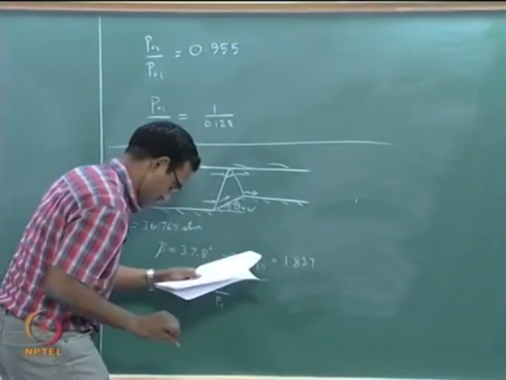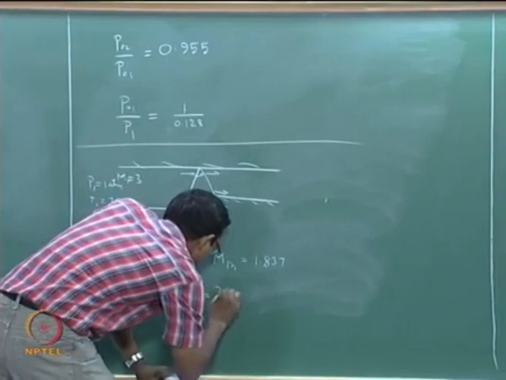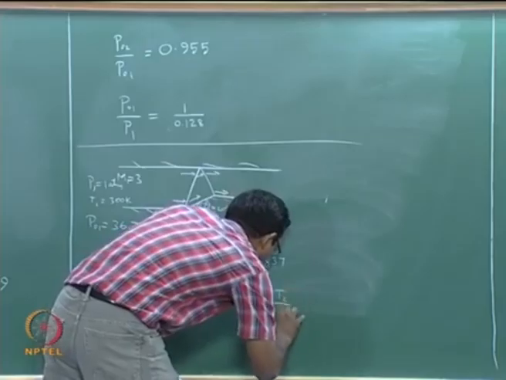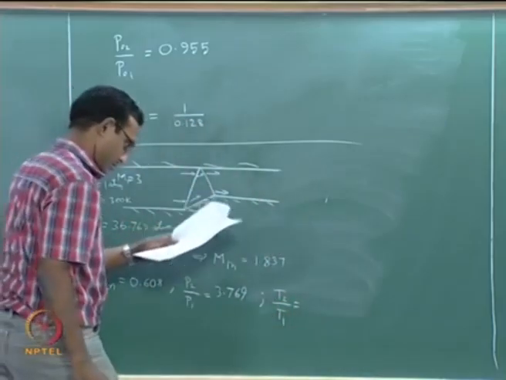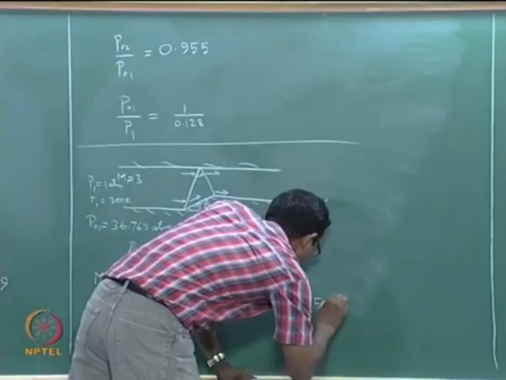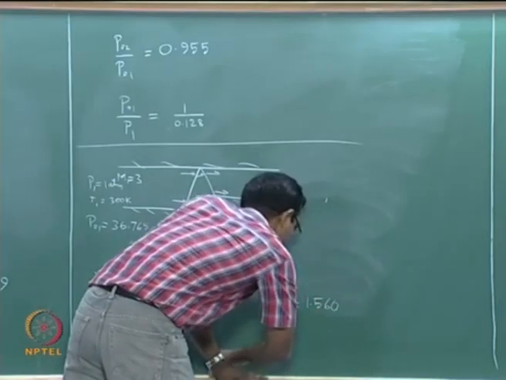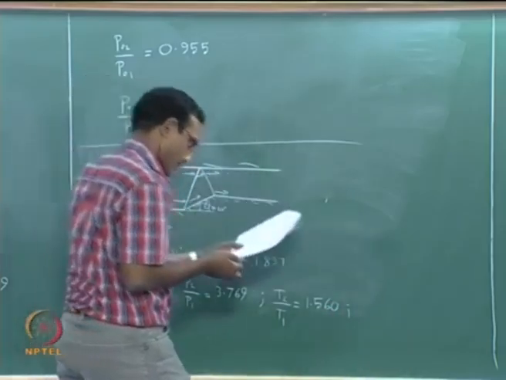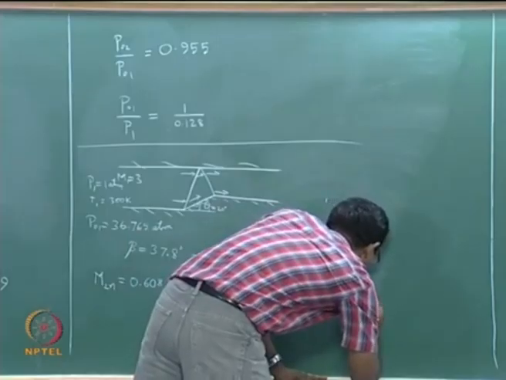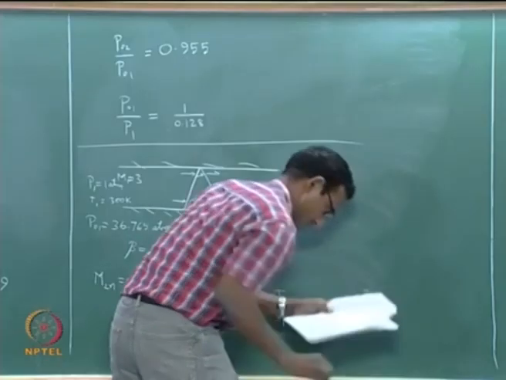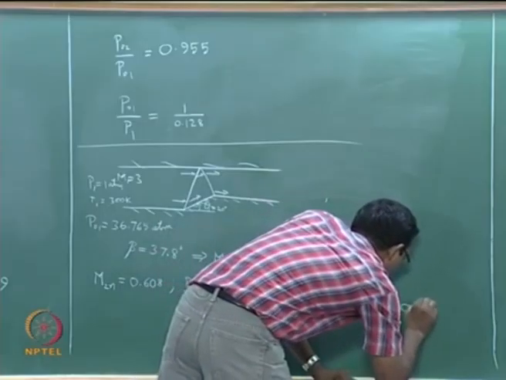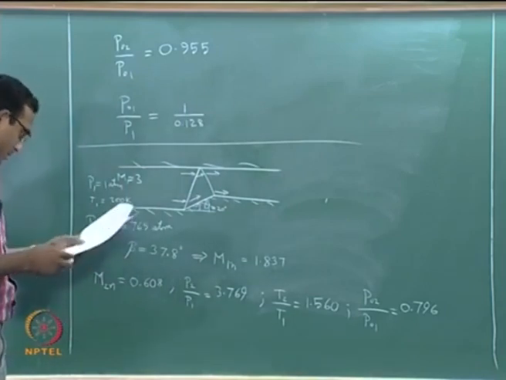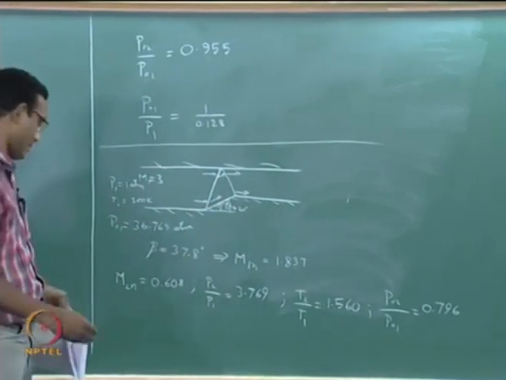P2 by P1 is 3.769, T2 by T1 is 1.560, P02 by P01 is 0.796. Okay. I have a whole set of numbers just read out from that one row of data.